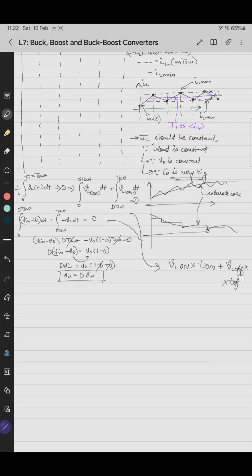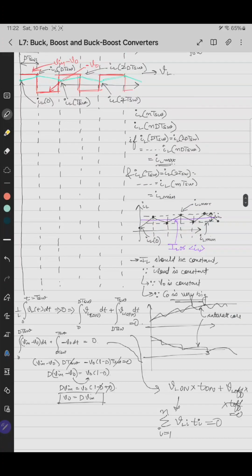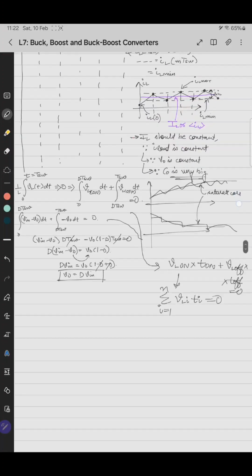Into T off equals 0. This we can write as the sum of VL i into Ti equals 0, where i equals 1 to n. So basically, if in one switching period we have two types of switching, on and off, then i equals 2.